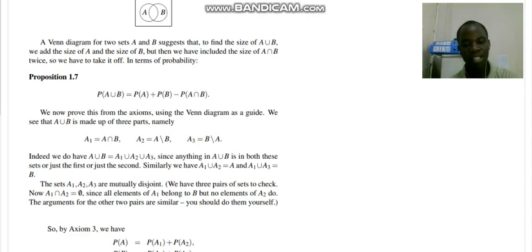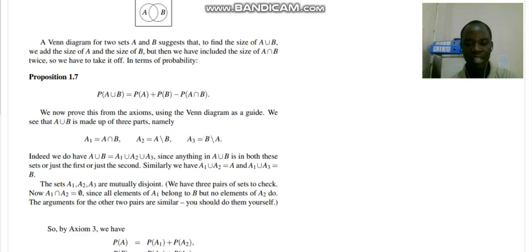We will proceed with this designation A1, A2, A3, keeping in mind their definitions.